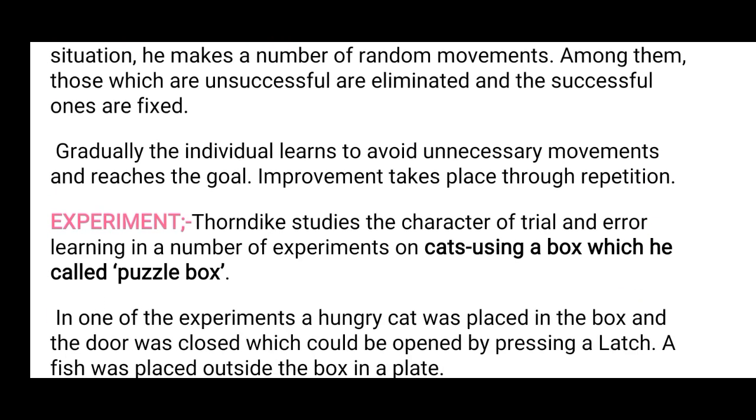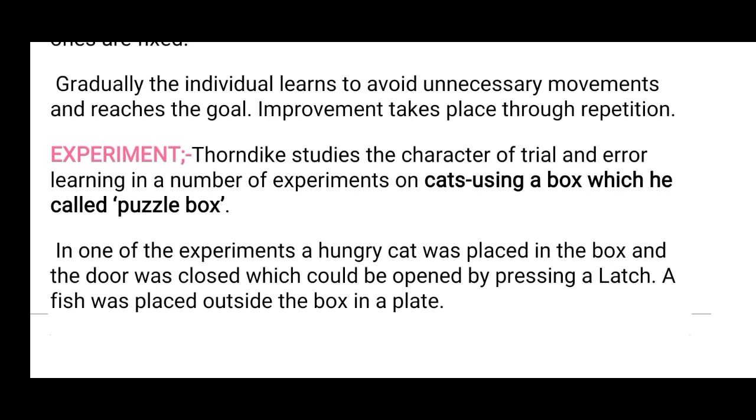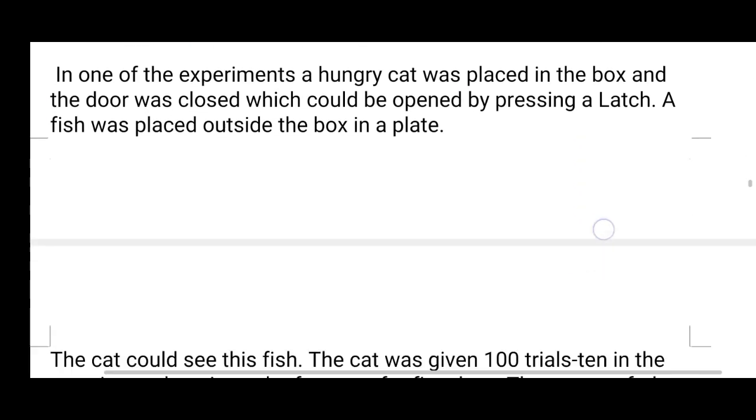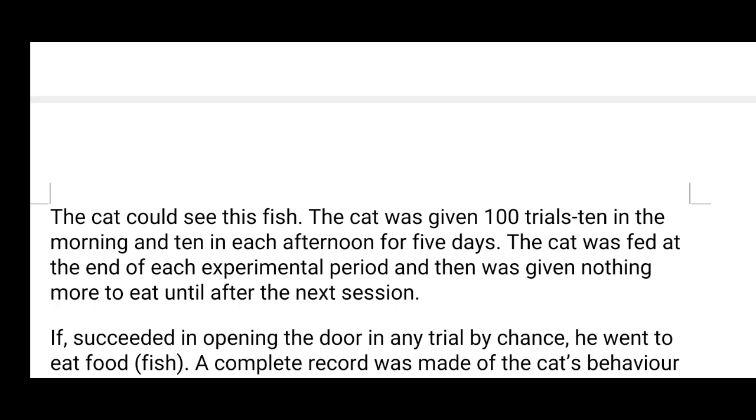Experiment: Thorndike studied the character of trial and error learning by experiment on a cat using a box, which is called the puzzle box. In the experiment, a hungry cat was placed in a box and the door was closed, which could be opened by pressing a latch. A fish was placed outside the box in a plate. The cat could see the fish.